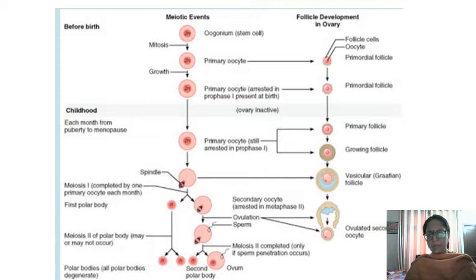At the end, folliculogenesis goes up till the formation of the corpus luteum, whereas in oogenesis we also include the fertilization of the secondary oocyte with the sperm and completion of meiosis 2. So oogenesis is far broader as compared to folliculogenesis.